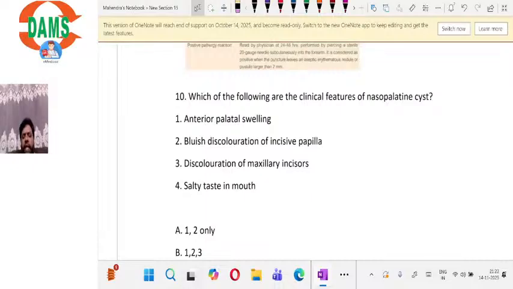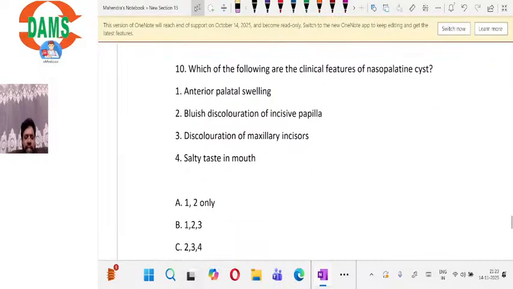Which of the following are clinical features of nasopalatine cyst? Anterior palatal swelling, bluish discoloration of the incisive papilla, discoloration of the maxillary incisors, salty taste in the mouth. We discussed this when I discussed the cysts. First of all, anterior palatal swelling, yes, it's right. Bluish discoloration of incisive papilla, yes, there is swelling and there is discoloration.